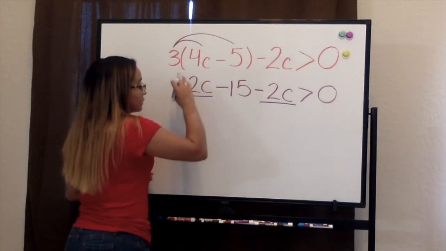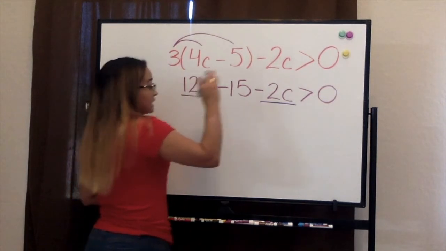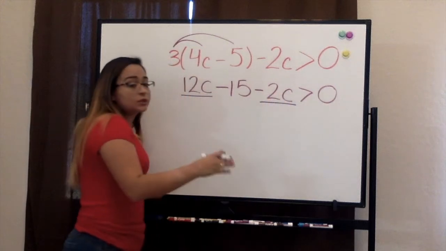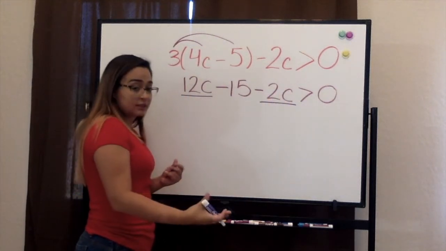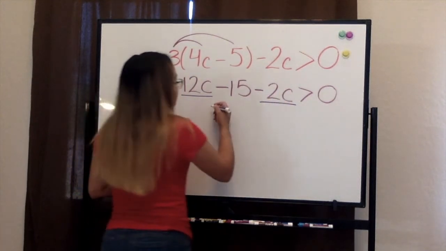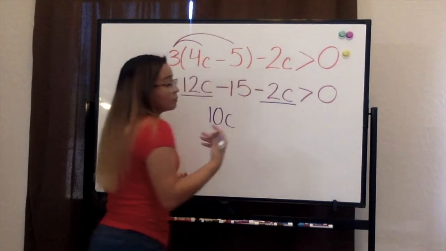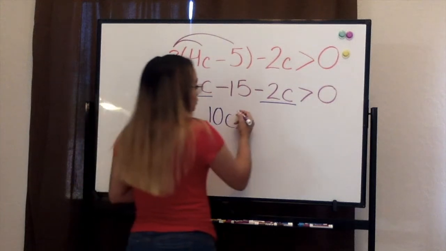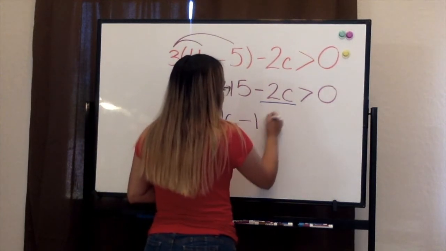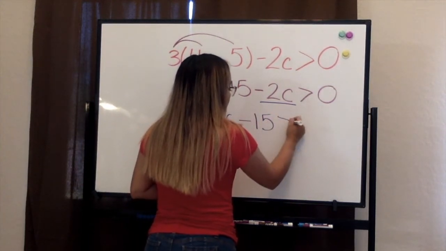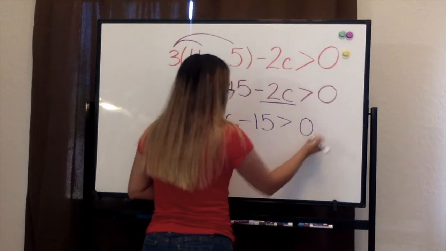Now, we're going to combine positive 12c and negative 2c, which means we're going to subtract the 2c, which will leave us with 10c. We write out what's left of the problem, which is negative 15 is greater than 0.